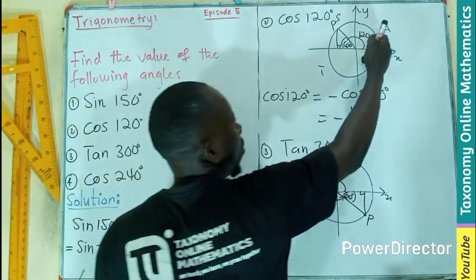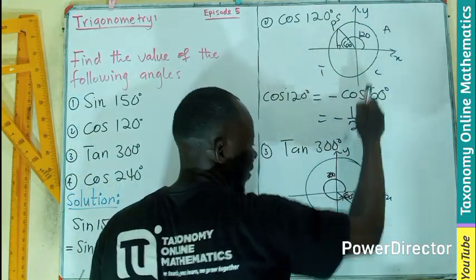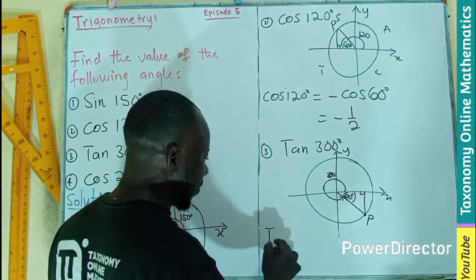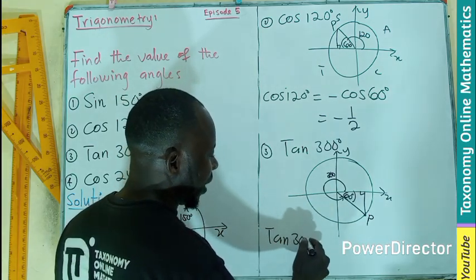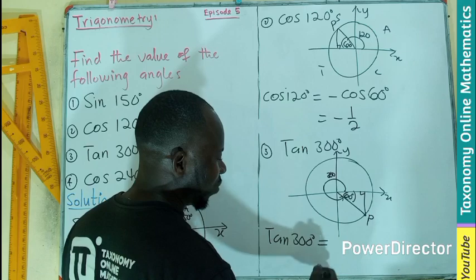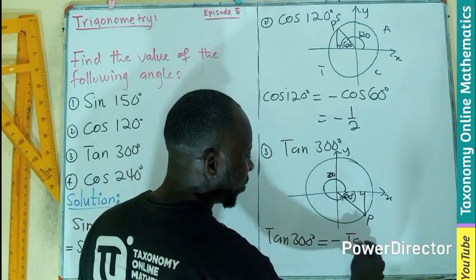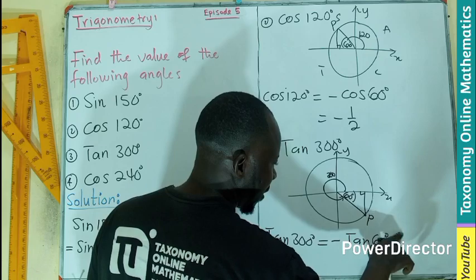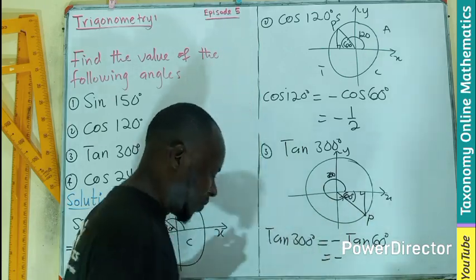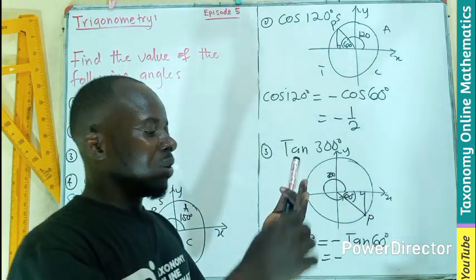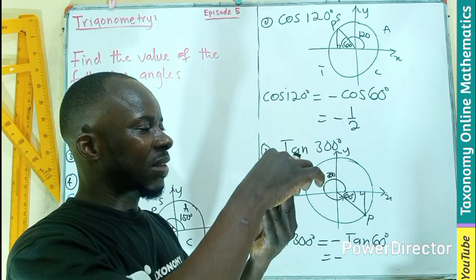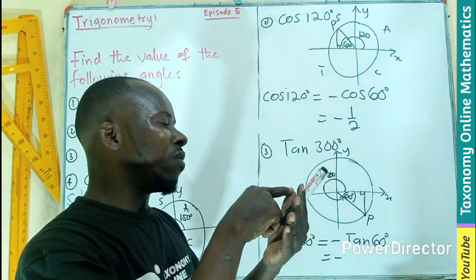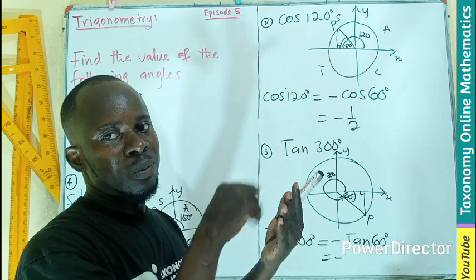So your reference angle is going to be that. Remember, all silly tan cos. Tan is not positive here. So your tan 300 degrees is just going to be negative tan 60 degrees. If I have 0, 30, 45, 60, that will be root 3 over 1.